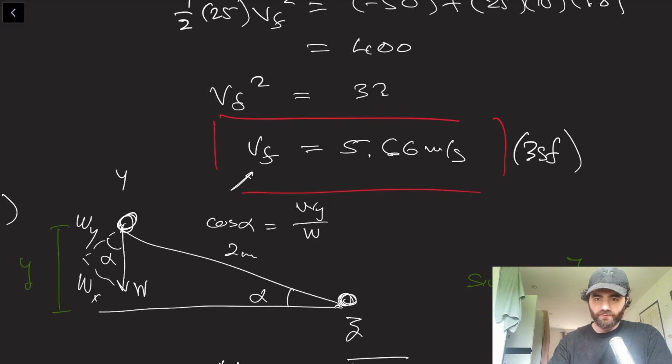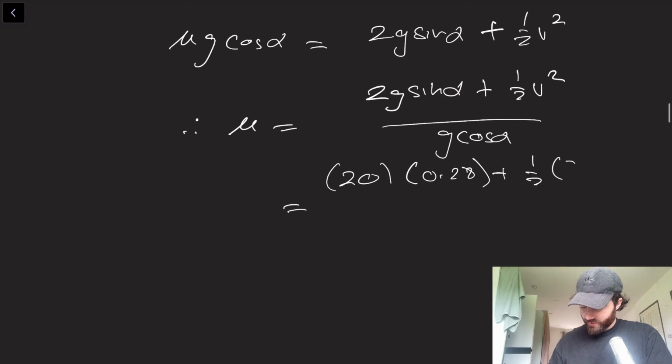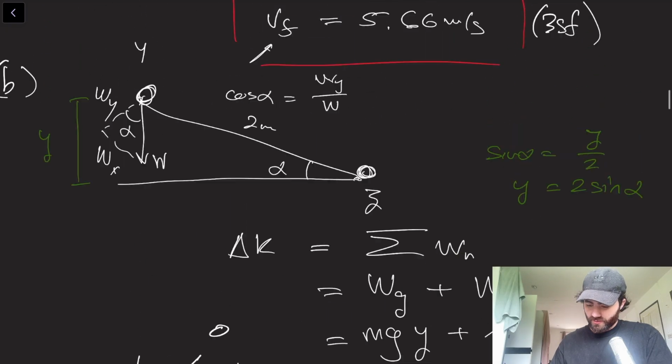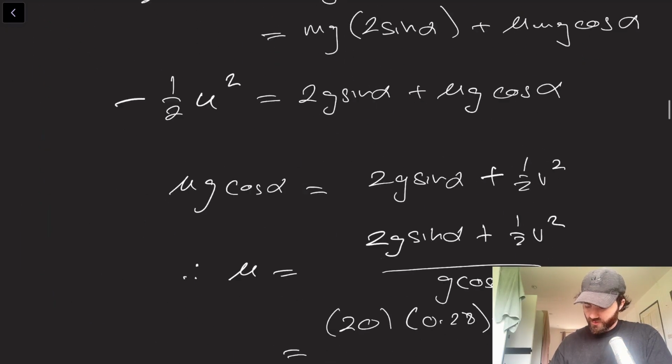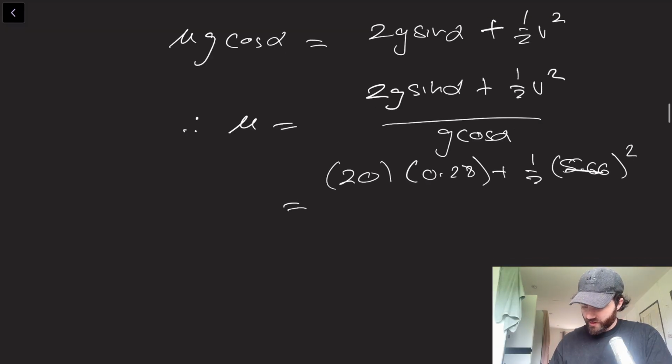Is that right? 5.66. Yep. 5.66 squared. It wants it in exact form. So this is the square root of 32. So I'm just going to write the square root of 32 divided by 10, because it wants it as an exact fraction.